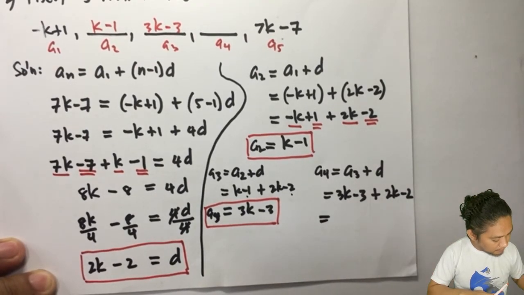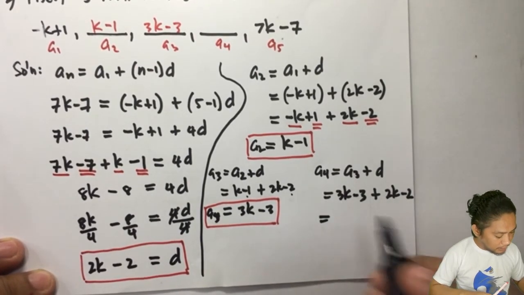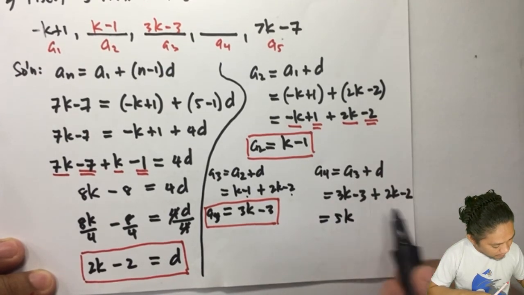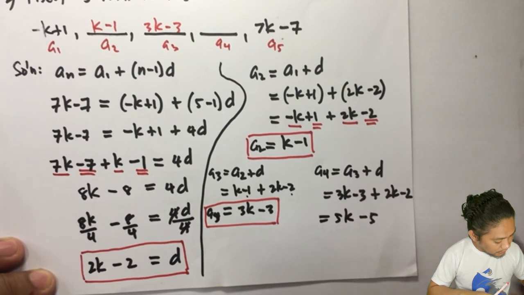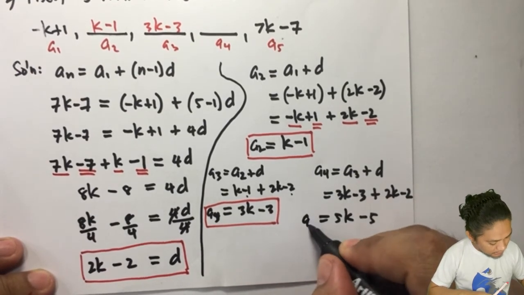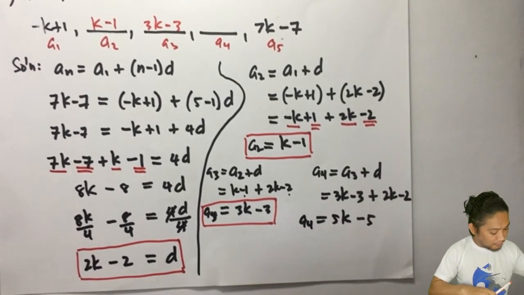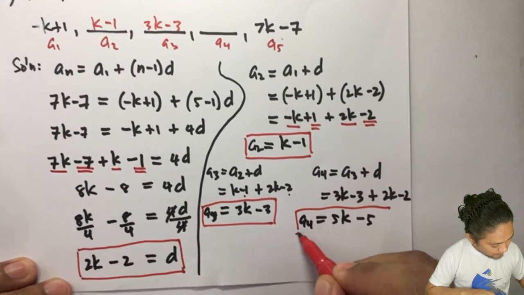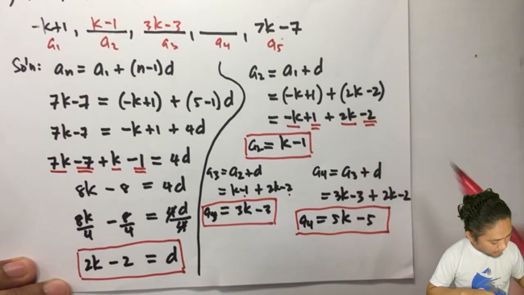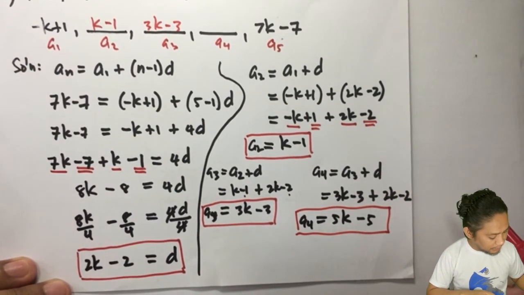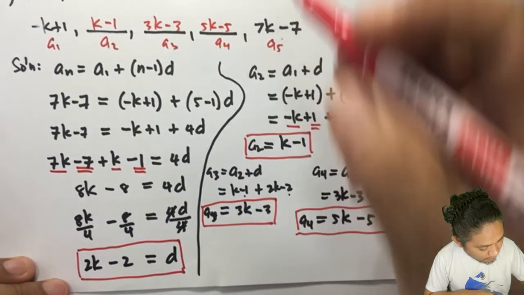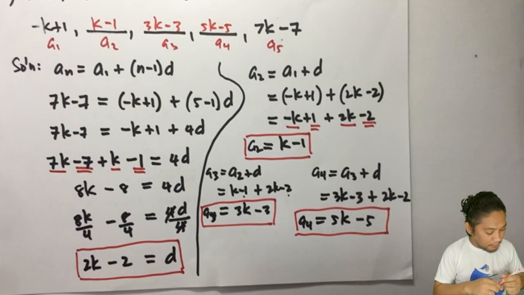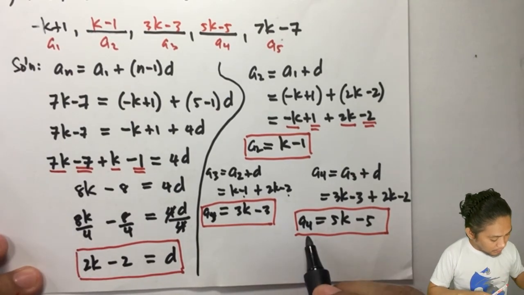In simplified terms now, 3k and 2k is 5k, and negative 3 and negative 2 is also negative 5. So this is now our a sub 4, and our fourth term is 5k minus 5.